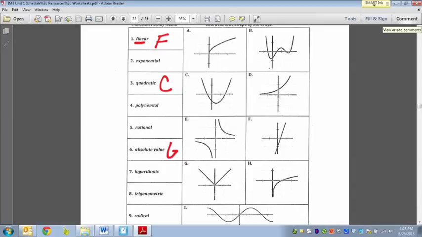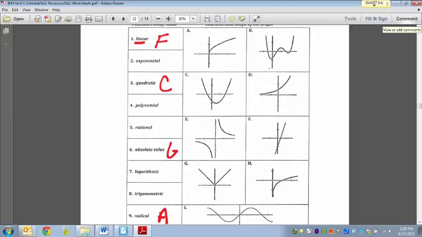And if you remember our discussion with square roots, the radical can never have a negative under it. So I have to be cognizant of that when I'm looking at these pictures. And so between A and H, if I had to make a guess, I would choose A for radical because some of the radicals can't be negative, okay?